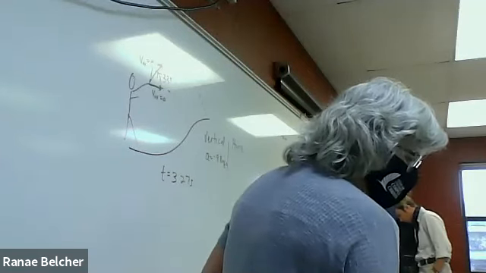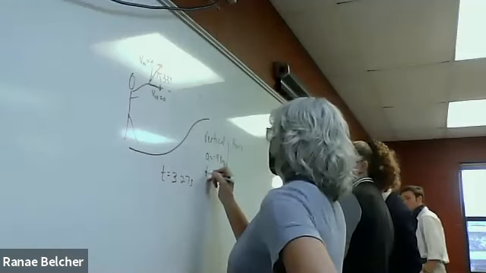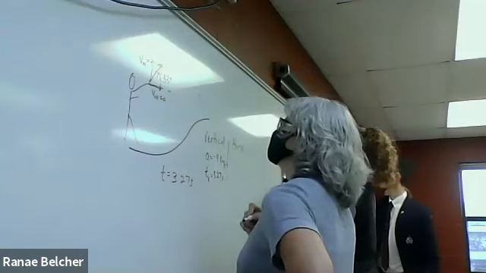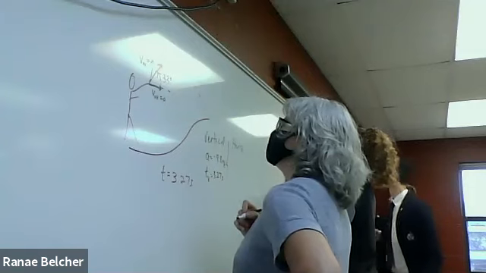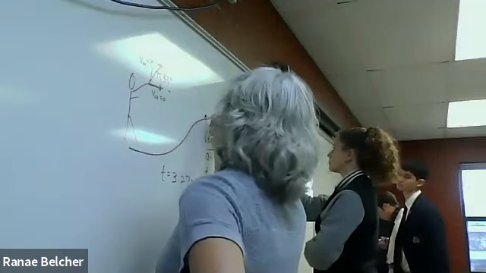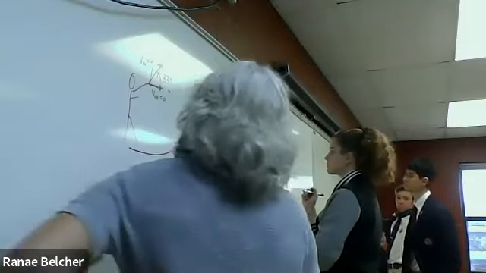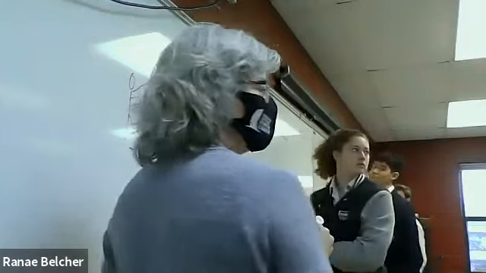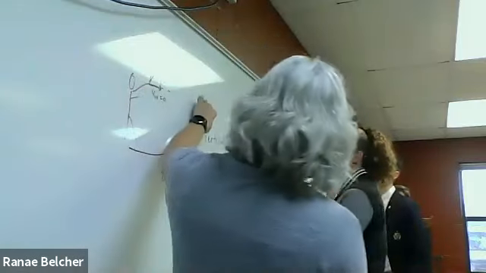And you know the time vertical is 3.27 seconds. And when it lands, it's going to have a certain VFV that's actually equal to VOV. You believe me? The speed it was going up, when it comes down.